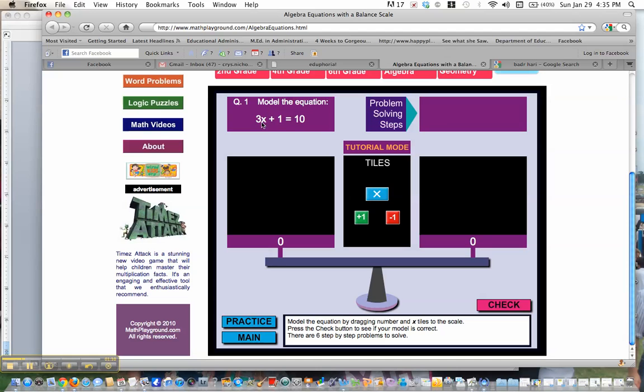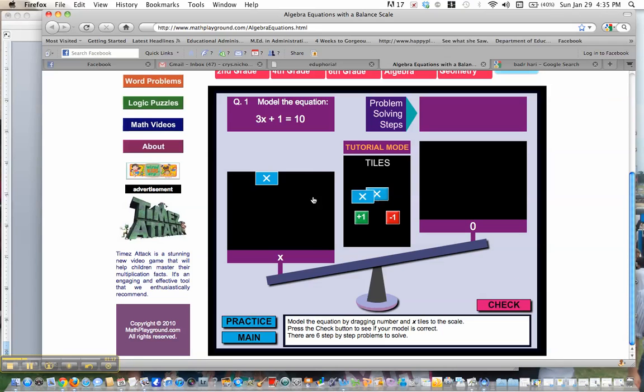So we're going to start by modeling this equation. It's 3x plus 1 equals 10. So 3 x's means 3 of these x's. So I'm going to put 1, 2, 3 of the x's. And notice right here it says 3x plus 1. So I'm going to pick the plus 1. So now on this side of the equation I have 3x plus 1. That means on the other side I just need to put 10.